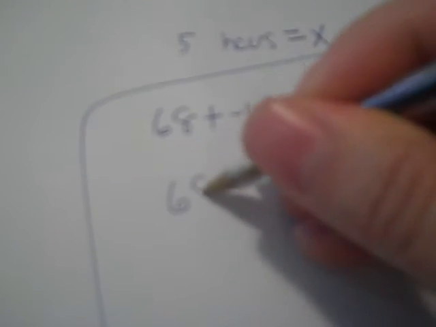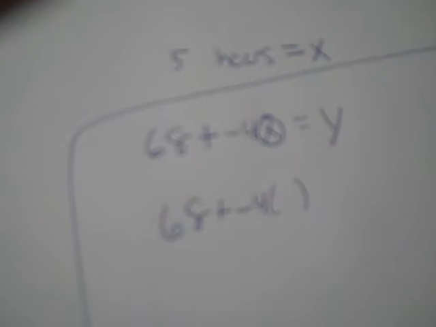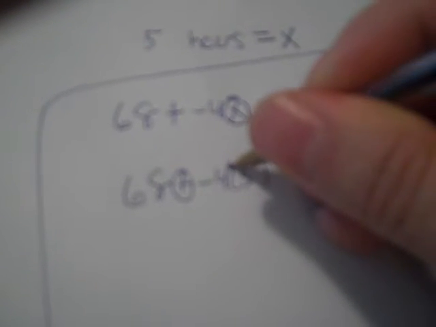So circle the x. 68, the adding operator, negative 4, then a parentheses to separate the negative 4 from this 5 I'm about to put in, equals y. Now what are my operators? Between 68 and negative 4 is a plus, and between negative 4 and 5 there is no operator, so that's a times.